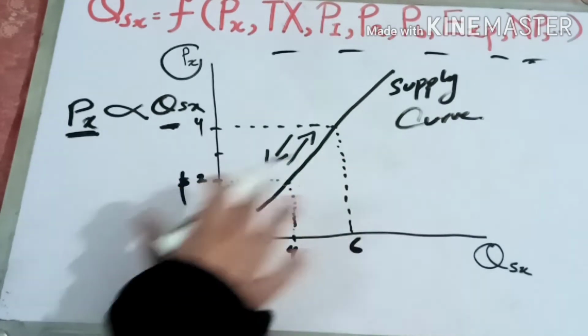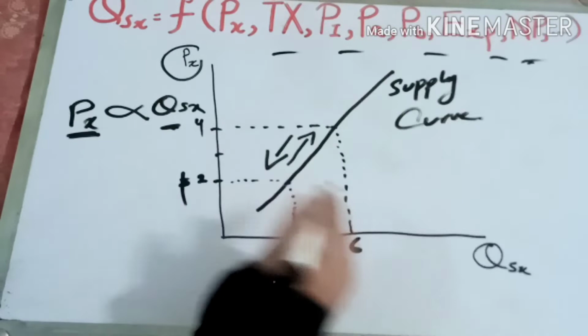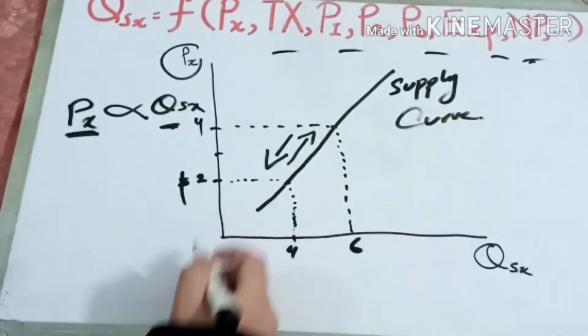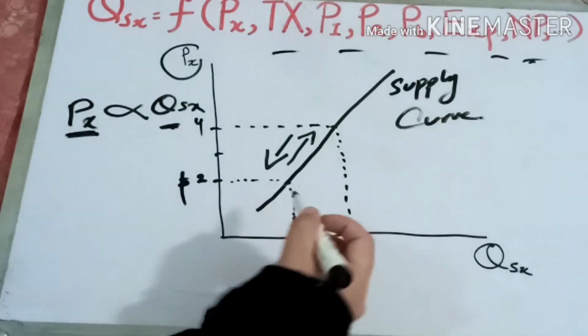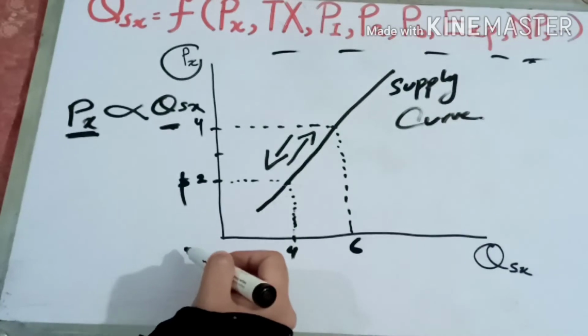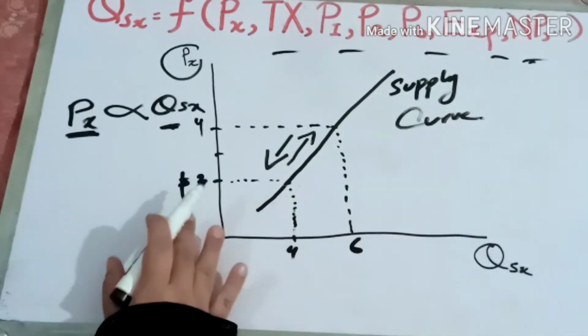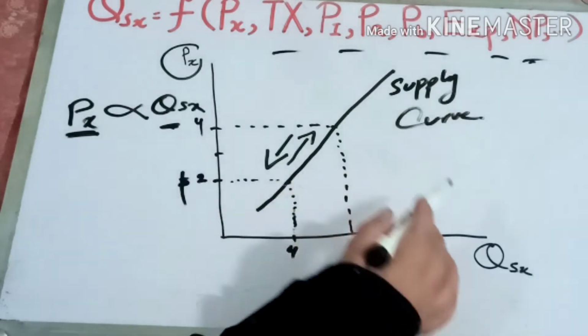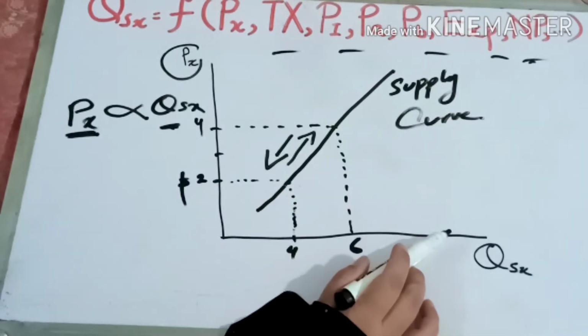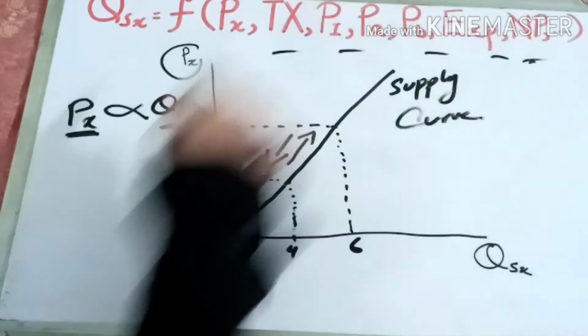I hope so far you are clear about the supply curve derivation, how we derive the supply curve, and now we will see how the supply curve shifts due to these factors.